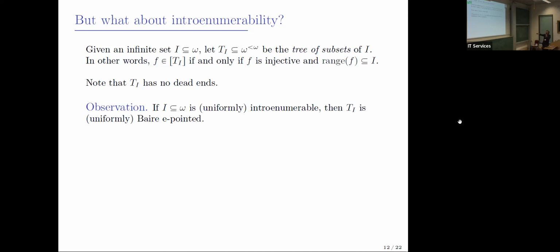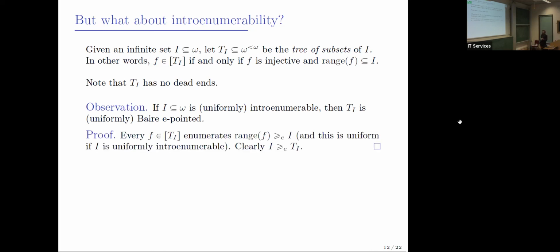And also note that if I is uniformly introenumerable, then T_I is uniformly Baire e-pointed. Every F path through T_I enumerates its range, and its range, because I is uniformly introenumerable, enumerates all of I, is enumeration above all of I. And yeah, if we're assuming uniform, that's uniform.